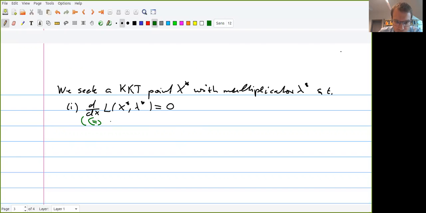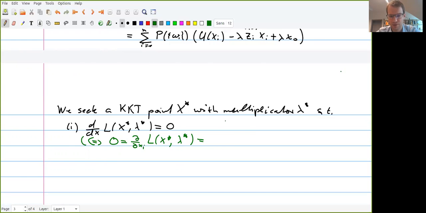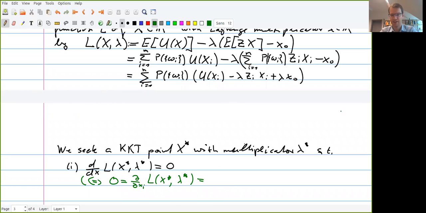What does it mean? This means I want that 0 is equal to, so each component has to be 0. All right, so I have to take the partial derivative with respect to xi of the Lagrange function, right? And then what? Okay, let me show you the function again so that you can follow my calculation.